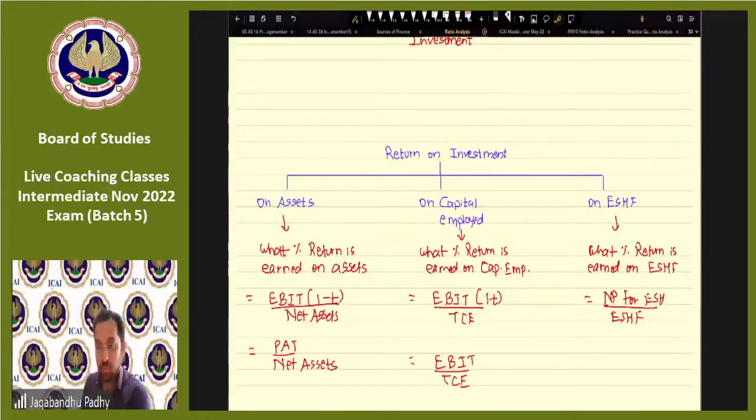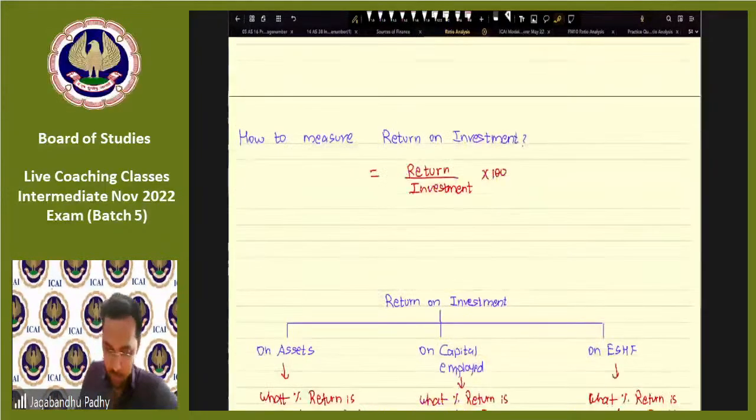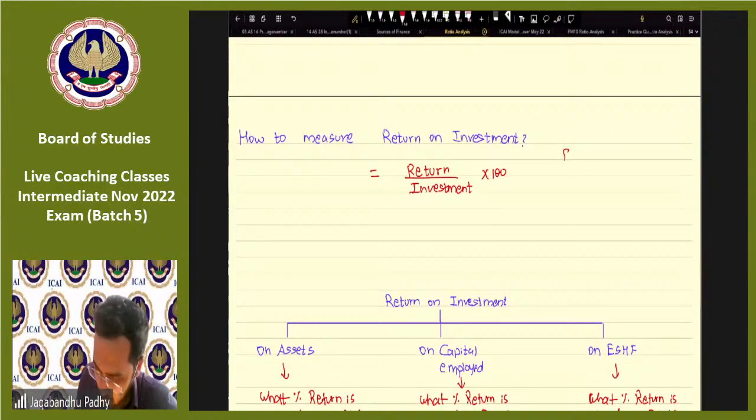Now, if you look at the query, some of you are asking, what is 1 minus T? Okay, see. Your EBIT figure, earnings before interest and tax, this is a before tax figure.